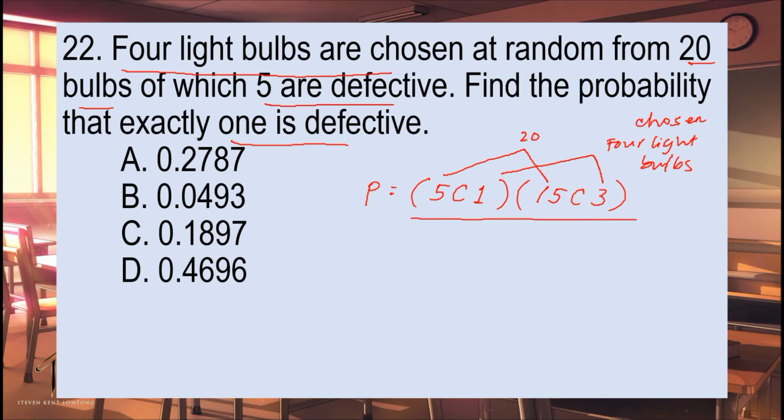Then, over natin siya dun sa 20C4. The total of the defective and the non-defective. C4 kasi 4 yung pinili. Okay? From this population or from this sample. Yan. So, we have 5C1 multiplied by 15C3 divided by 20C4. And that is equal to 0.4696.